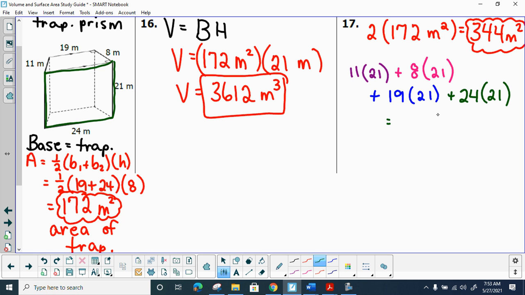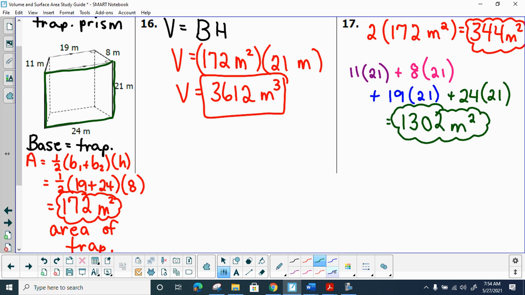Let me double check that though. Yes, 1,302 square meters.